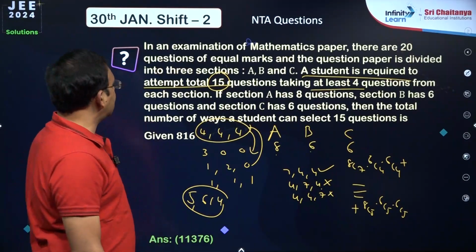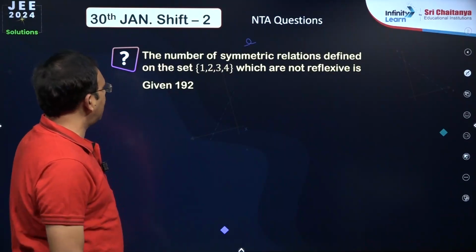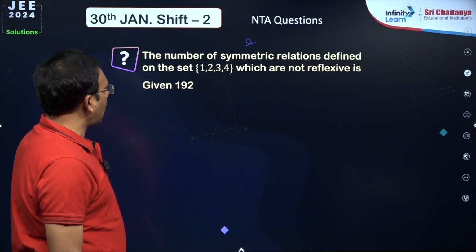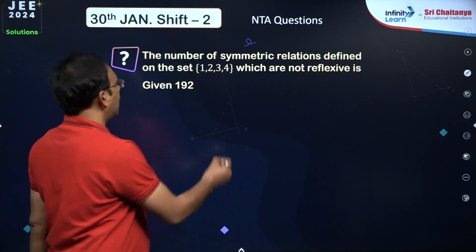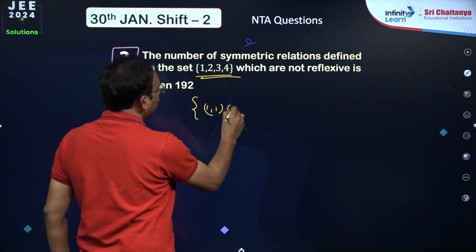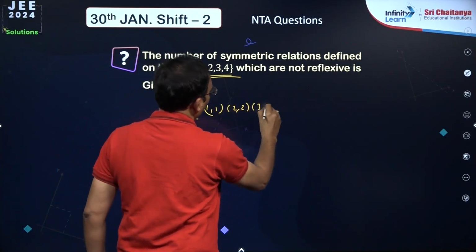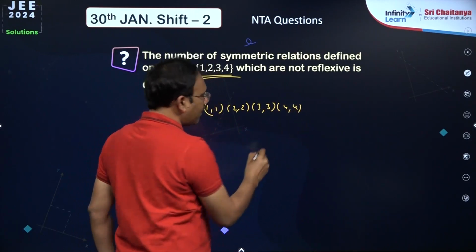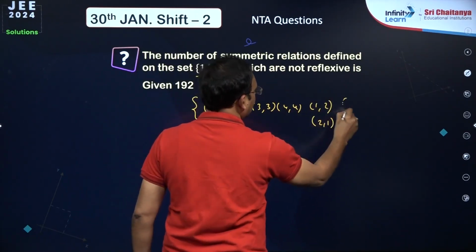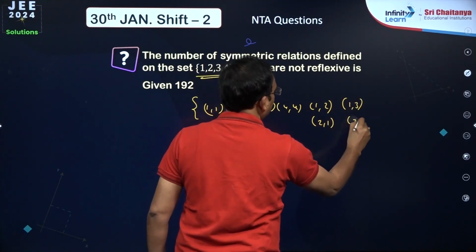That's it. Next, my dear friends, the number of symmetric relations defined on the set 1, 2, 3, 4 which are not reflexive is given by. Total there will be 16 ordered pairs, like 1,1, 2,2, 3,3, 4,4 identical pairs. Remaining 12: if you take 1,2, it will be 2,1 kind of; 1,3, it will be 3,1 kind of.